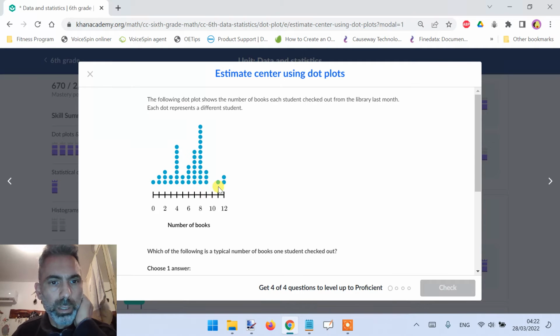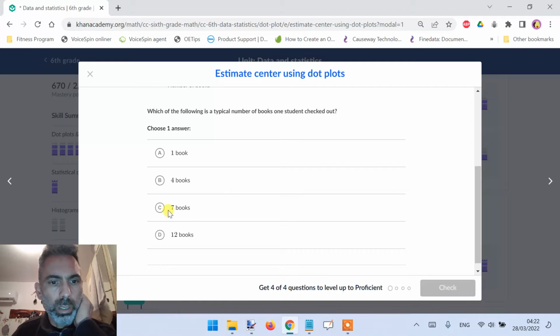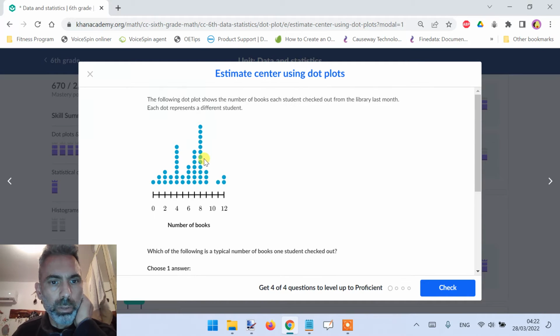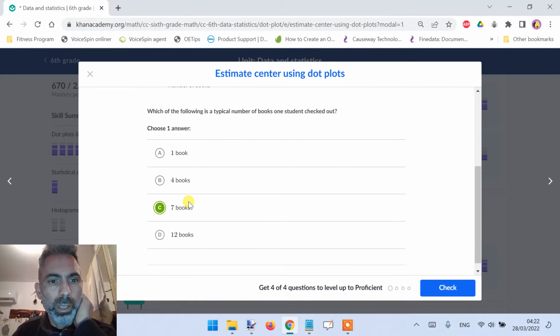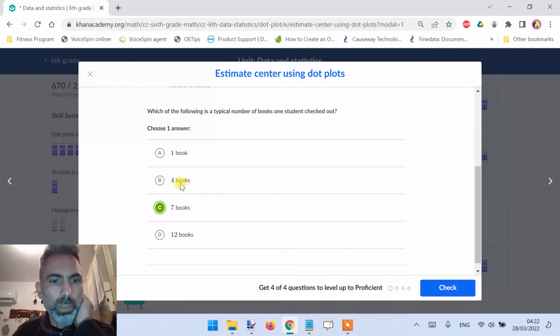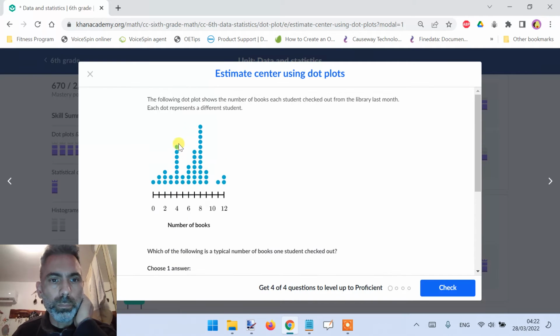So I can assume that 7 is more likely representing the typical number of books that is checked out. 7 is more likely closer to the median of this data set than, let's say, 4. Although 4 is pretty high, 8 is higher, and there are more dots on this side.